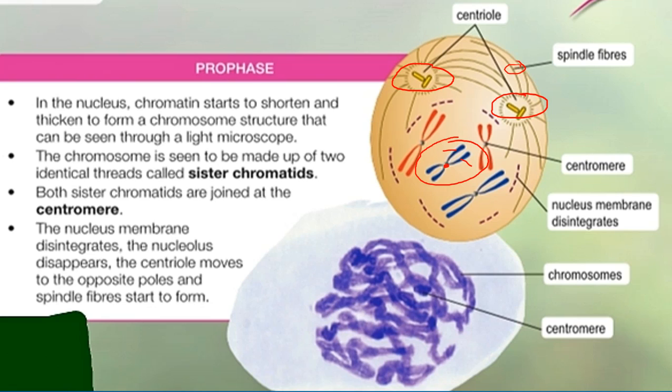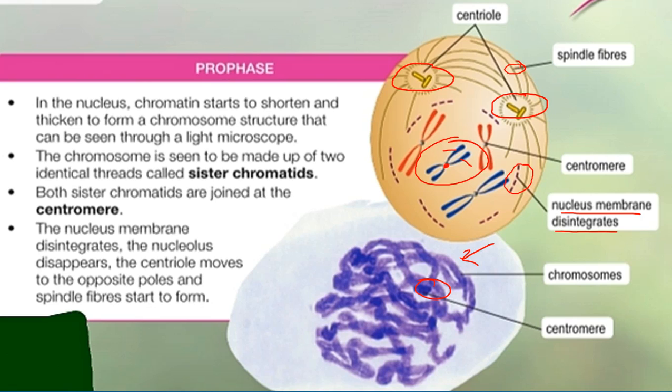And then this one is the nucleus membrane. Nampak garis putus-putus itu maksudnya disintegrates, dia mau menghilang. So this is the chromosome, dan nampak ini adalah centromere dia.